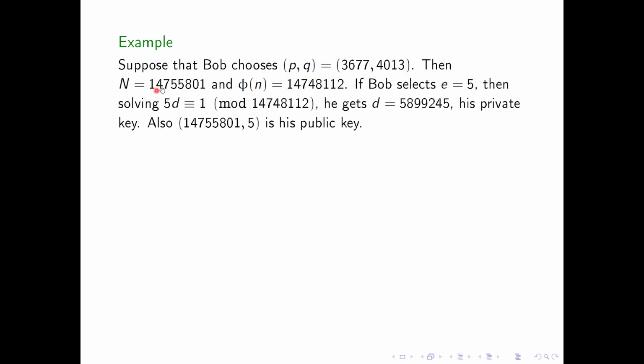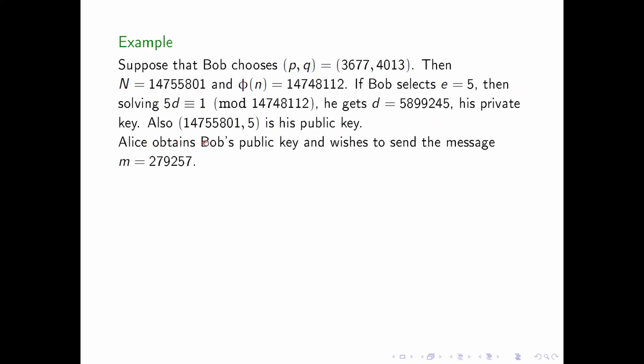He also then takes his n value and his 5 and makes them public and says, here, everybody look at them. And by the way, the order in which you put them out there is kind of important. It wouldn't make sense if you did it the other way around, because you always do the n first and then the e.